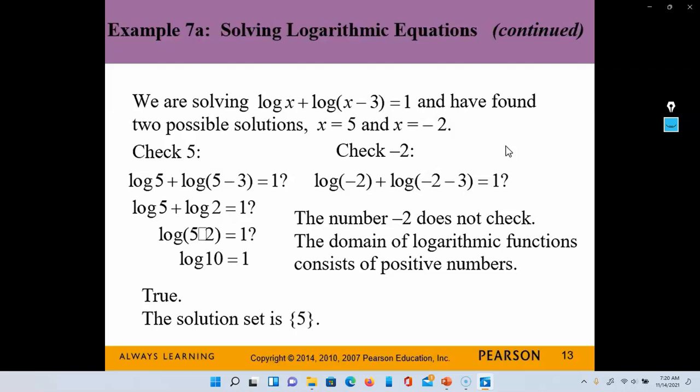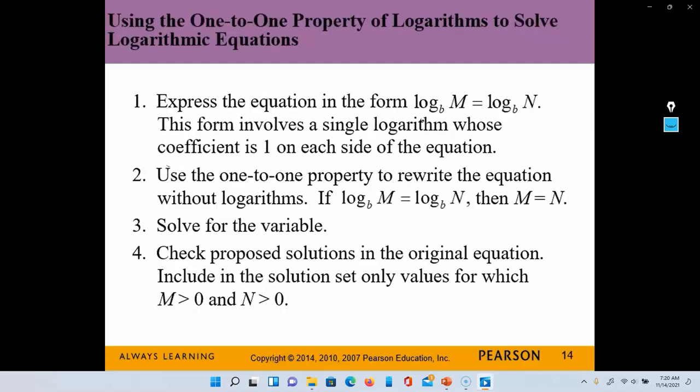So the only answer is a positive 5. All right, using another property here, the 1-to-1 property of logarithms. That is, if you have a log on one side that's equal to a log on the other side, you can just divide out the logs. And we'll show you this in the next slide.